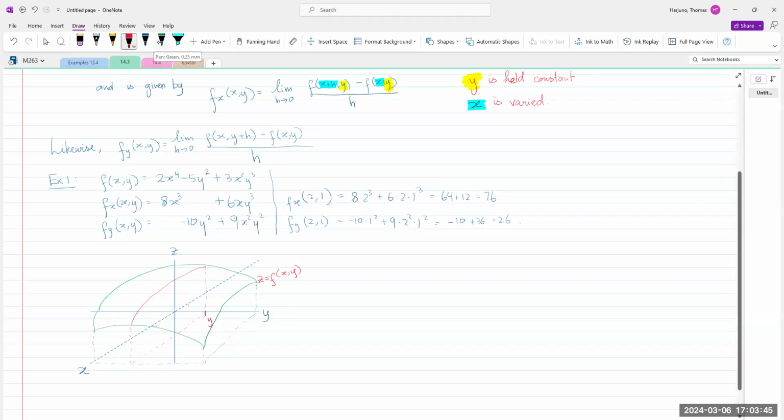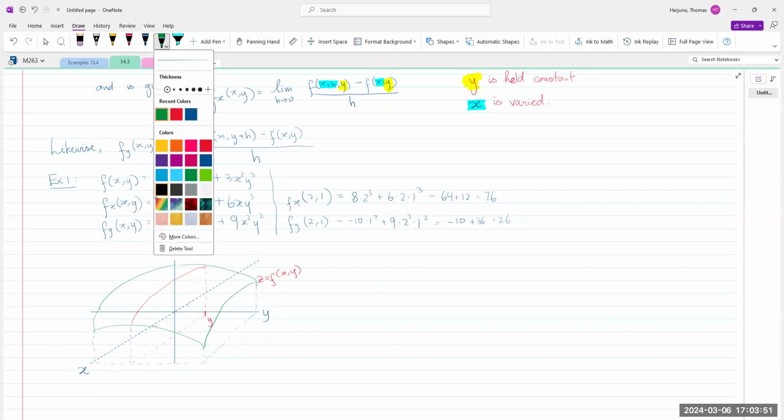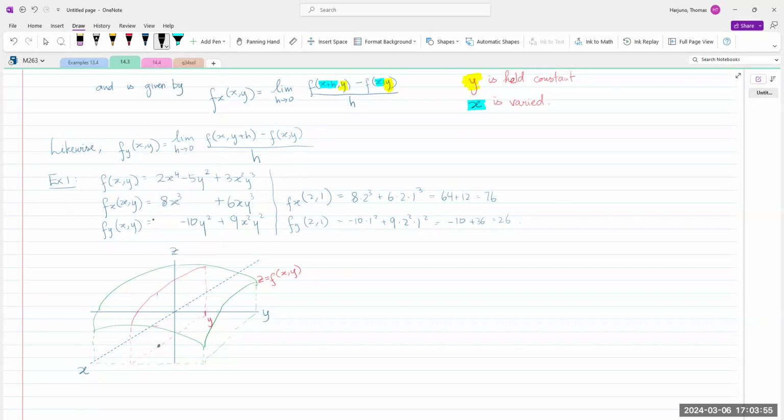Let me do it here instead. What color should I use? I should use black then. Okay, let's say I use this one here. So let's say this is my x, y, right?